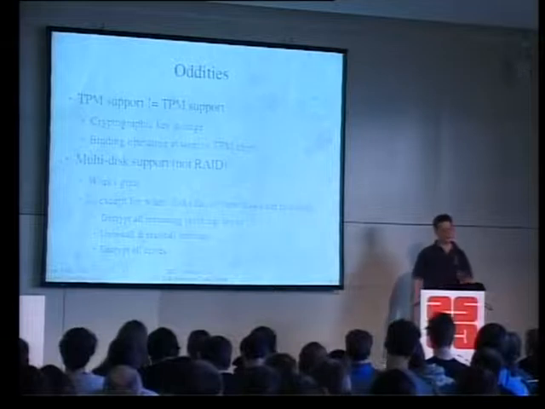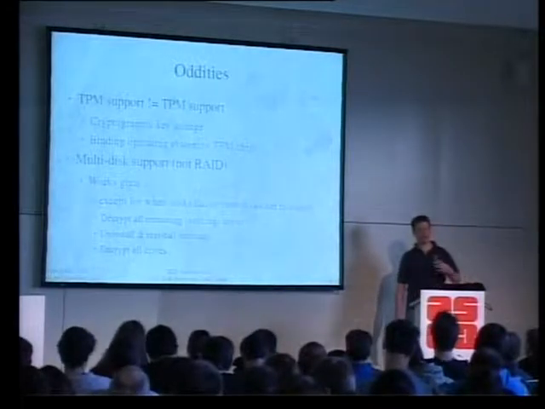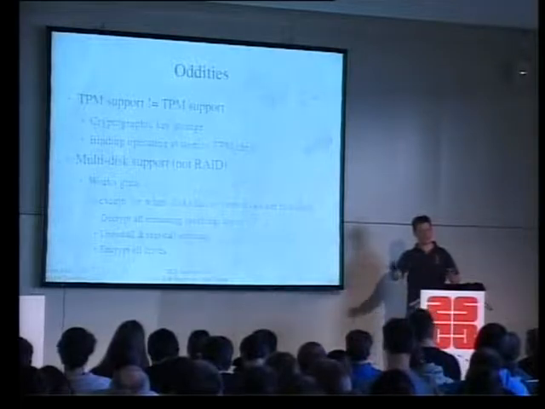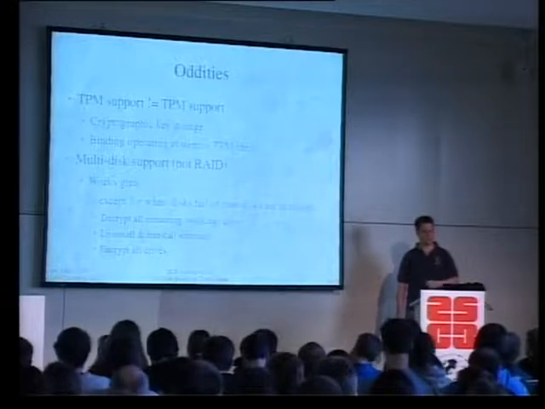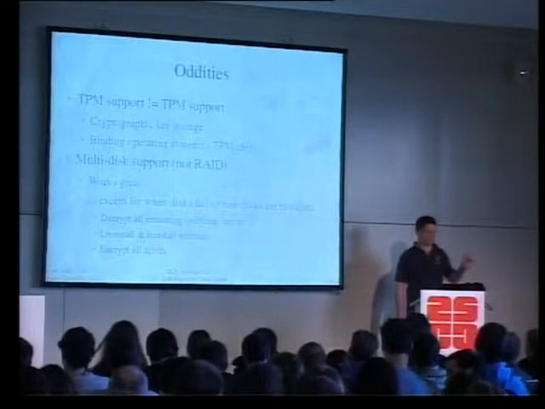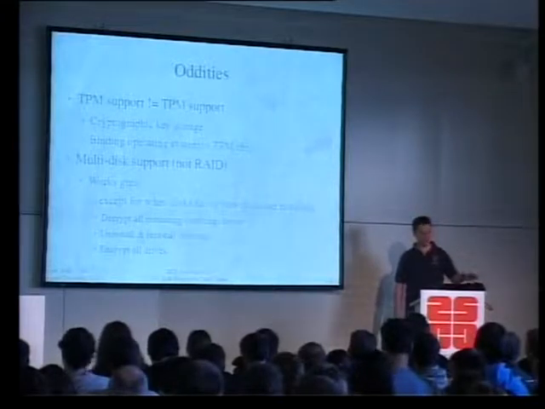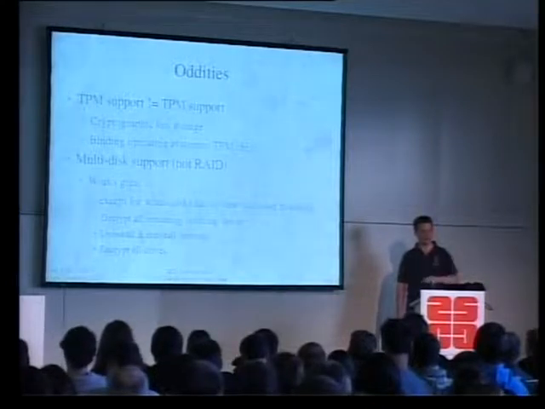RAID is a sort of different story, because RAID abstracts the multiple disk setup from the cryptographic component. So if the product that you choose has RAID support, then very likely you'll be okay with RAID failures.